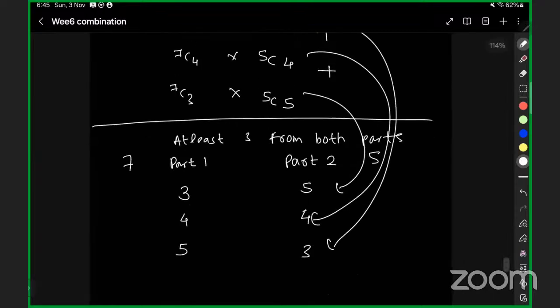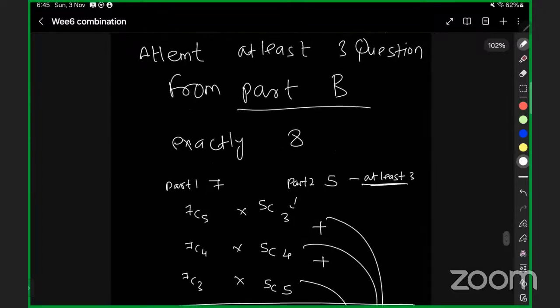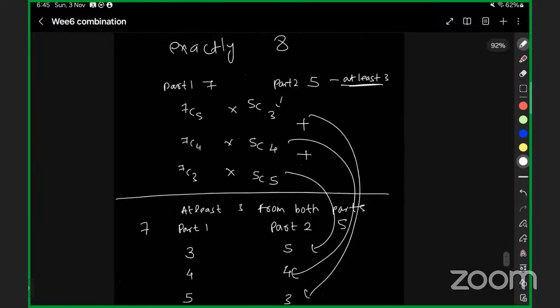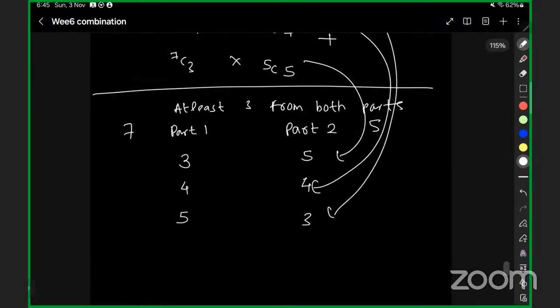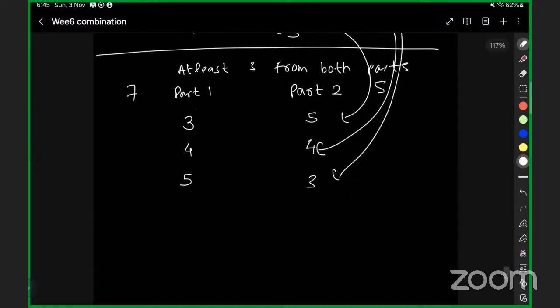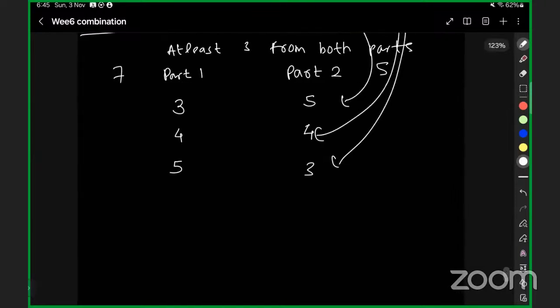Now here we mentioned at least 3 in part B, and here we are mentioning at least 3 in both the parts, but both are still the same question, because that's how we have questions in part A. So whichever way the question is given, you have to solve in such a way, at least, at most, or something like that. Okay, fine.